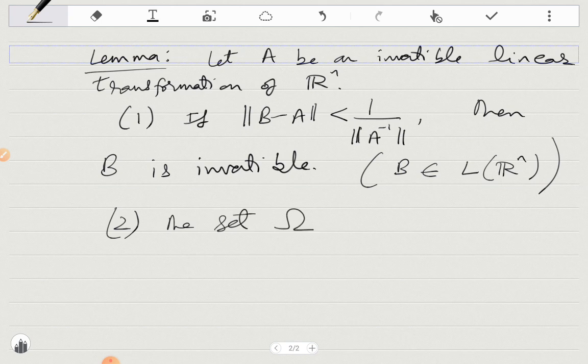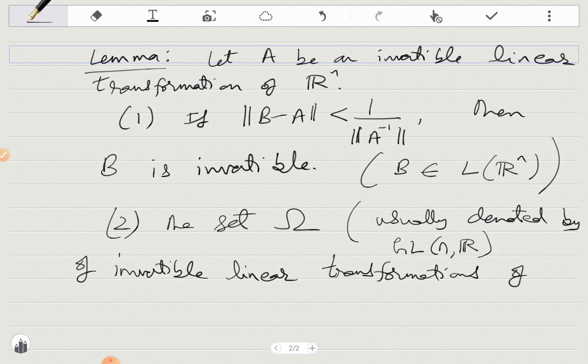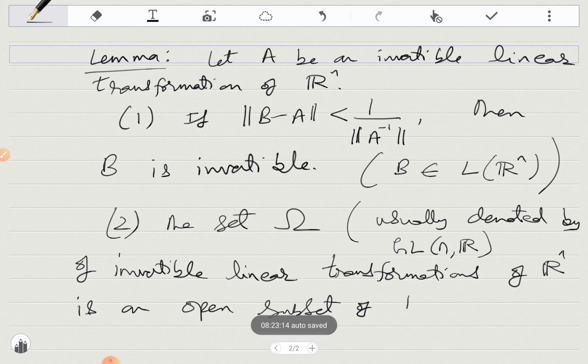The set omega, usually denoted by GL n R, but Rudin uses this notation capital omega, the set omega of invertible linear transformations of Rn, is an open subset of all linear transformations.